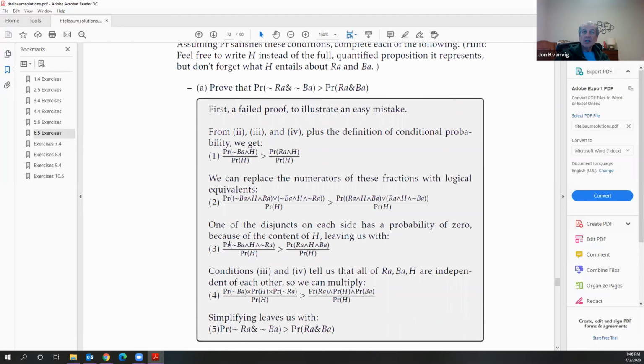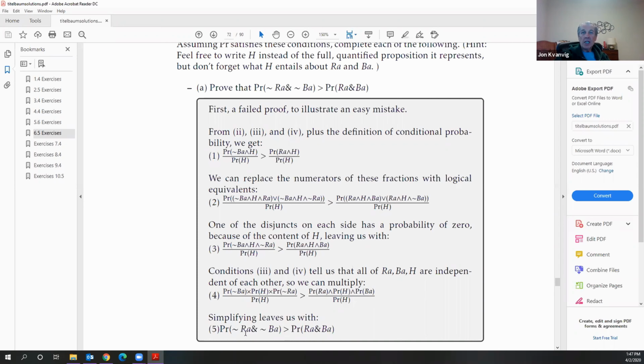So we can just multiply all of this stuff in the numerators. So the probability of not BA times the probability of H times the probability of not RA over the probability of H is greater than the probability of RA times the probability of H times the probability of BA over the probability of H.